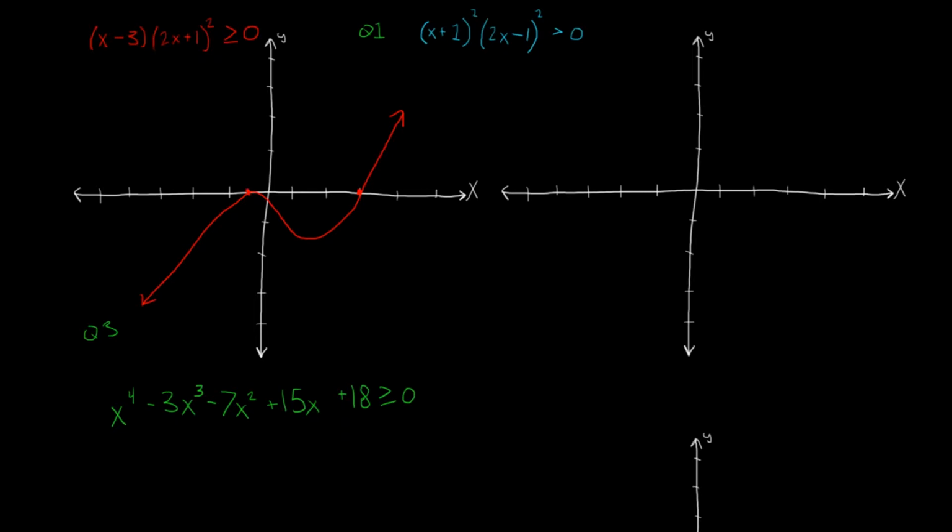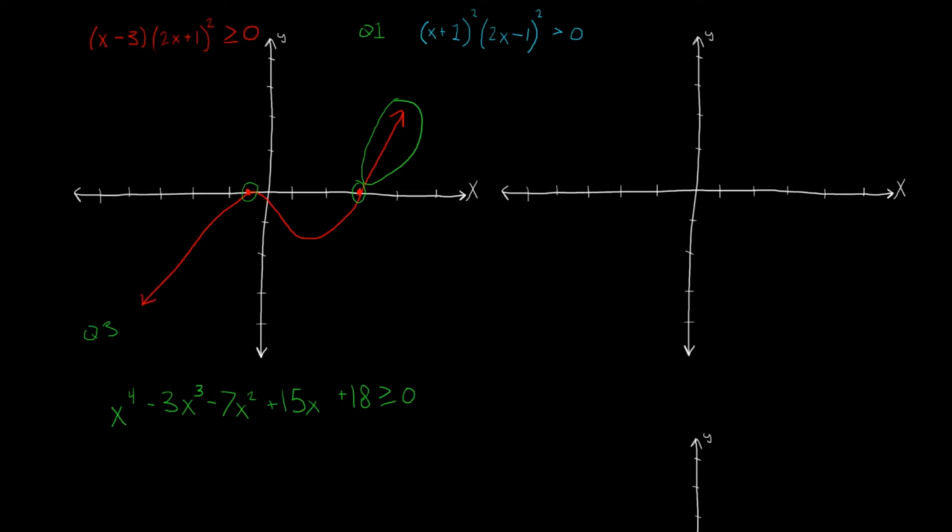So this is asking, for what values of x is this going to be equal to or greater than 0? Just by looking at it, we know that it's going to be equal to 0 right here and right here, and it's going to be greater than 0 right here.